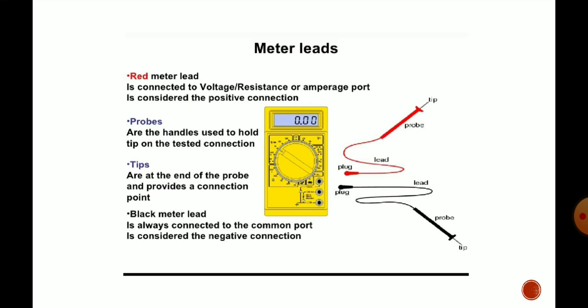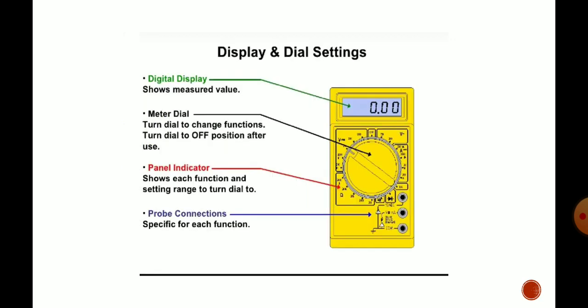Probes are the handles used to hold the tips on the tested connection. Tips are at the end of the probe and provide a connection point. Black meter lead is always connected to the common port and is considered the negative connection.